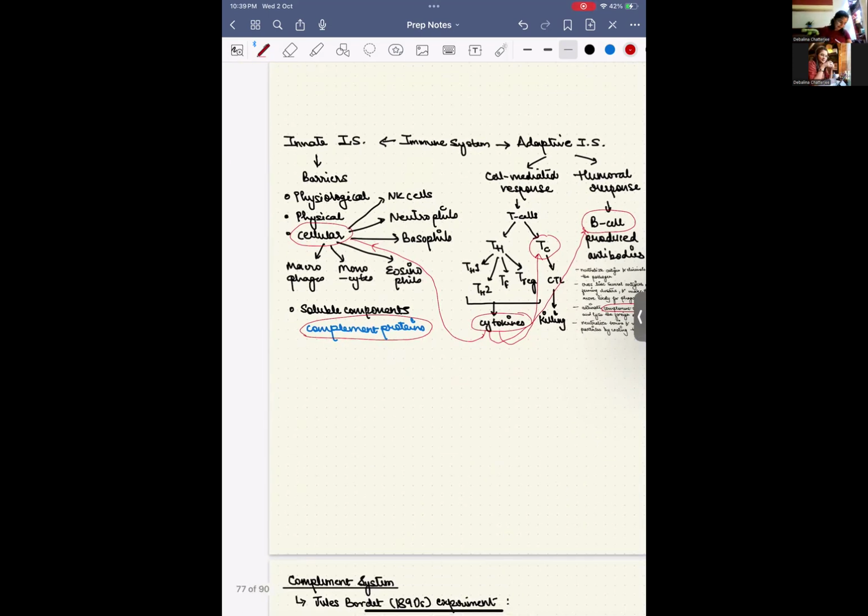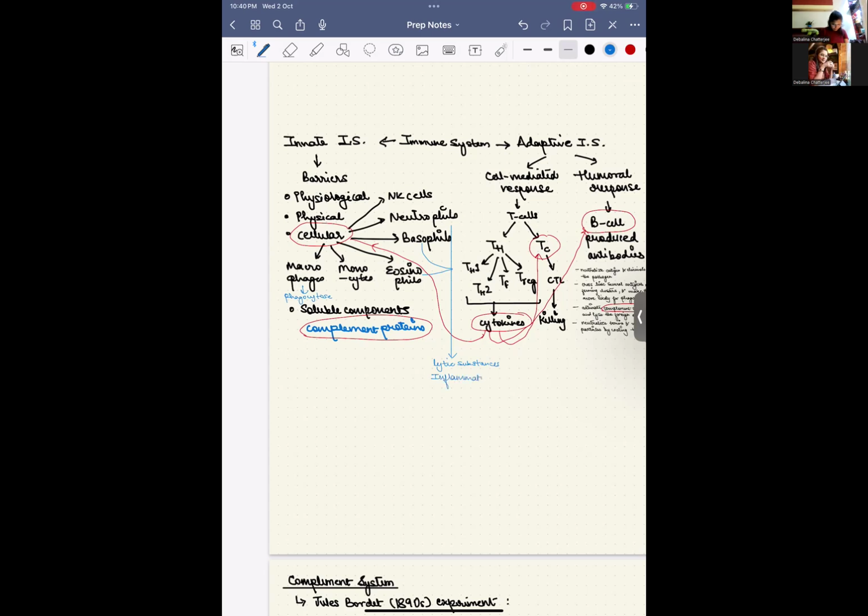We've been briefly talking about it: the role of macrophages is to phagocytose, and of monocytes, basophils, and neutrophils is to produce lytic substances, or inflammatory substances.